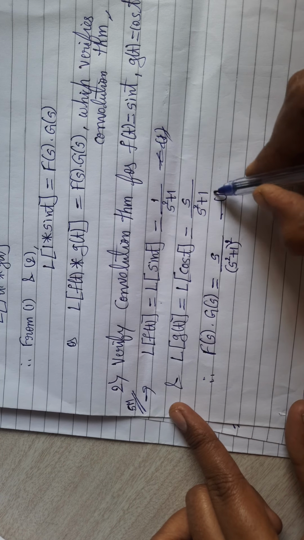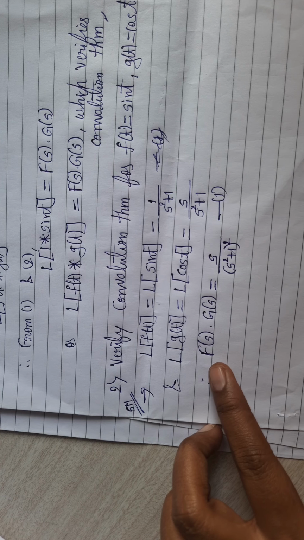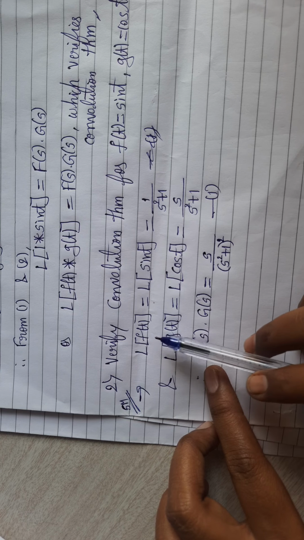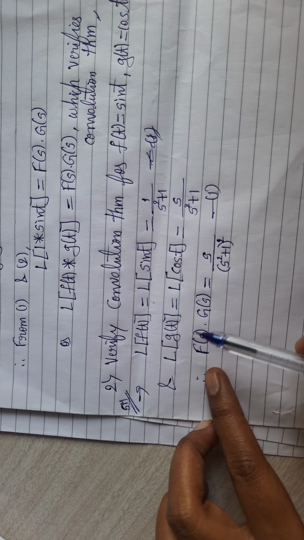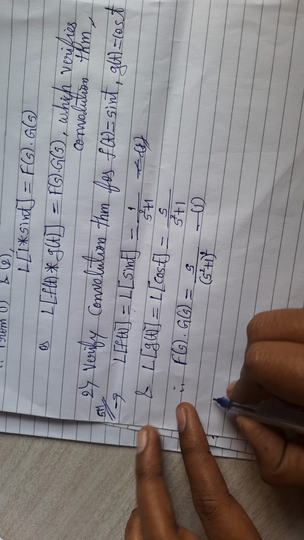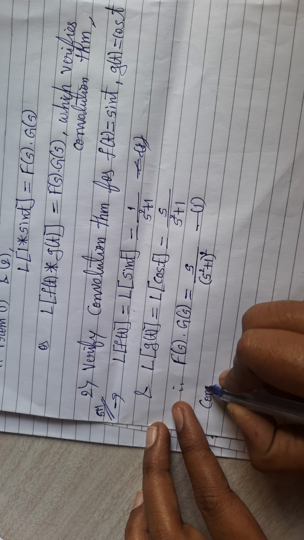This is one part, the RHS term f of s into g of s. Next we have to show that L of f of t star g of t has the same value.